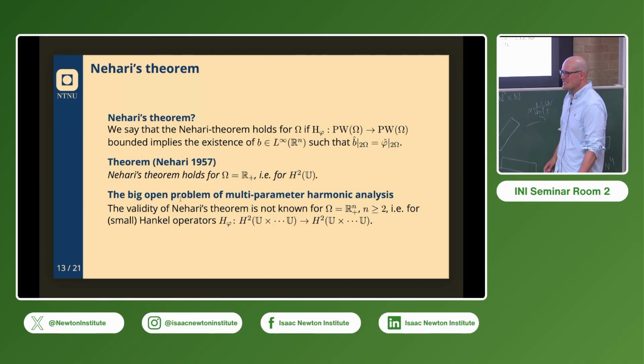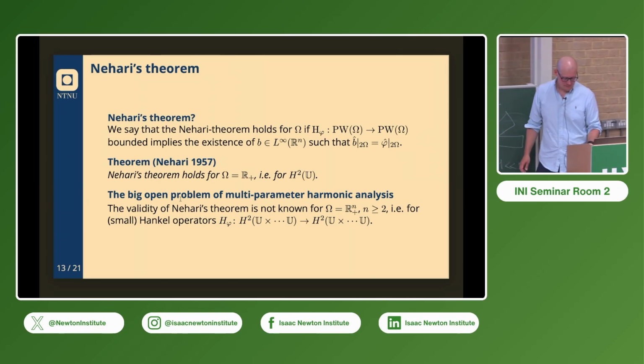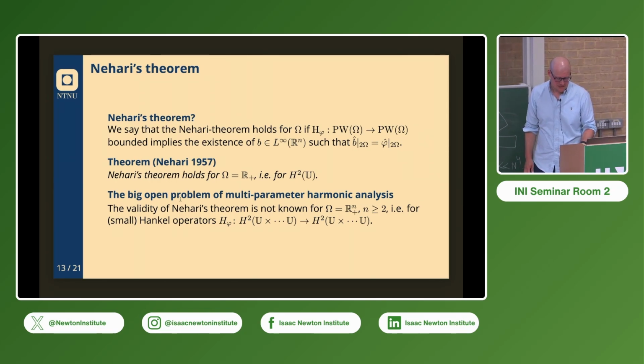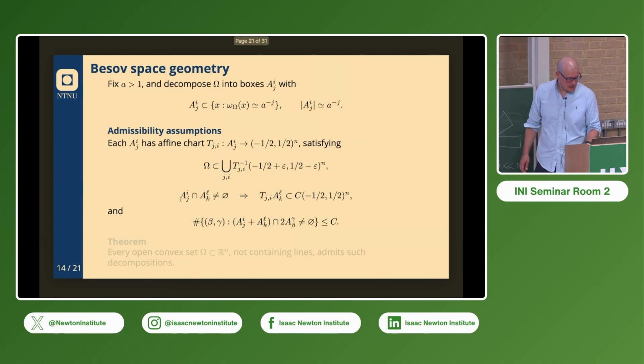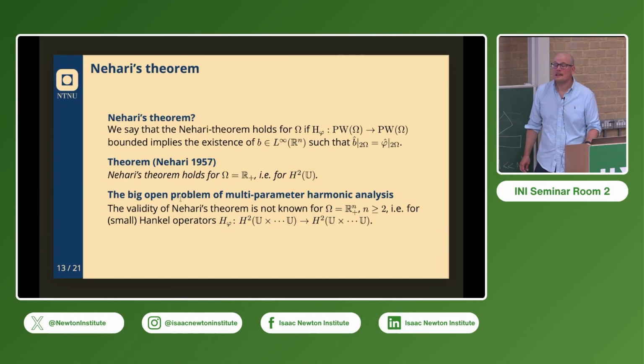Who was the paper? Sarah Ferguson and Michael Lacey. And yeah, people have tried to fix it. I think the problem was pointed out by Sasha Volberg and Treil, who worked on this problem. The people accept the mistake.